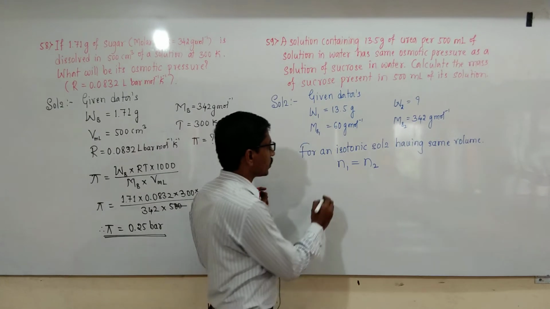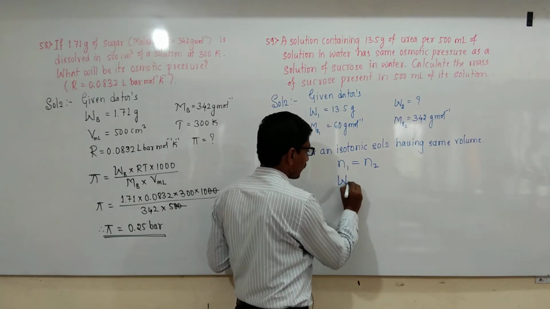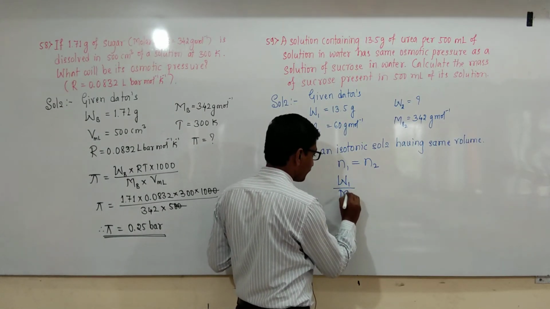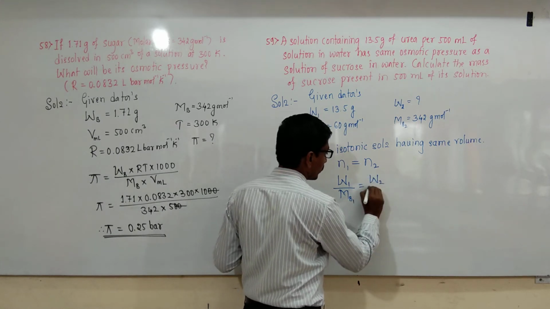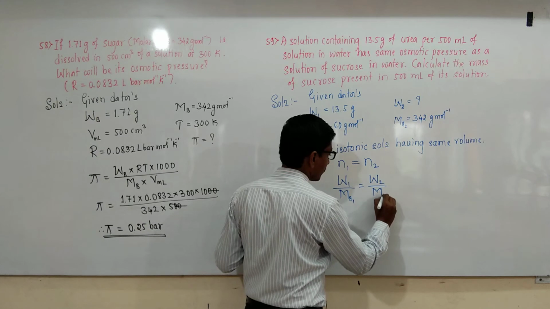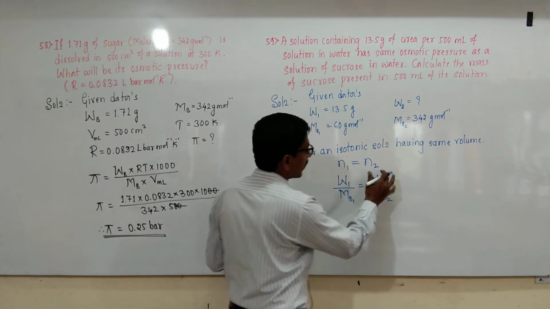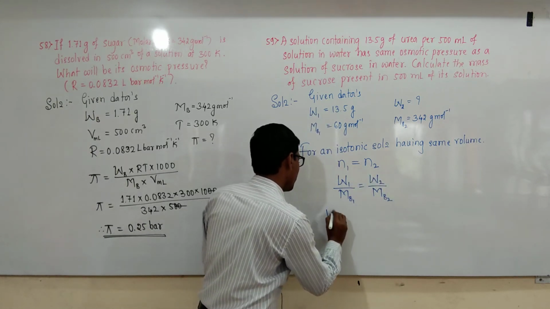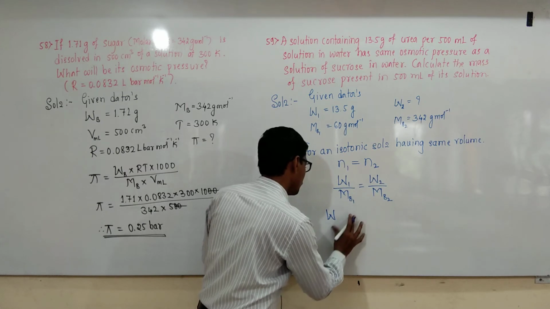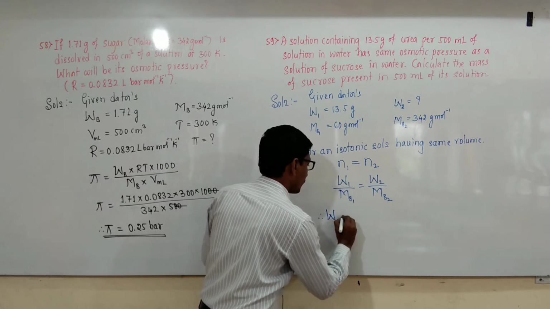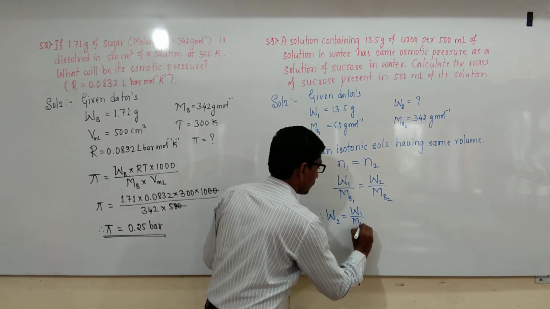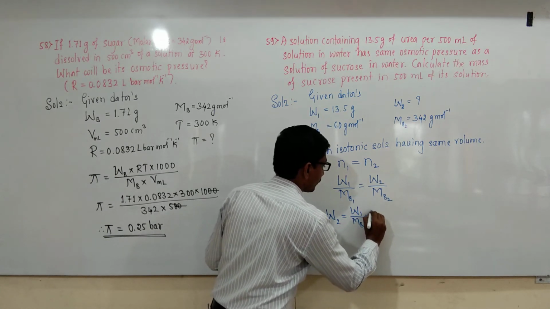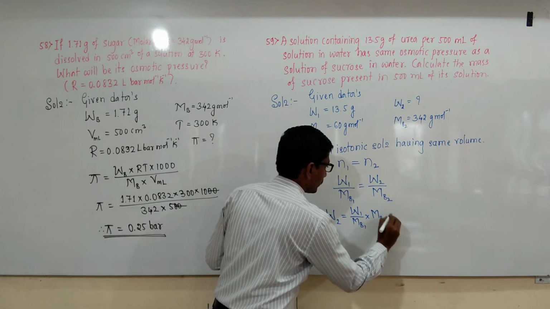N1 is equal to N2, and number of moles is W1 divided by MB1 is equal to W2 divided by MB2, and W2 is to be calculated, therefore W2 is equal to W1 by MB1 into MB2.